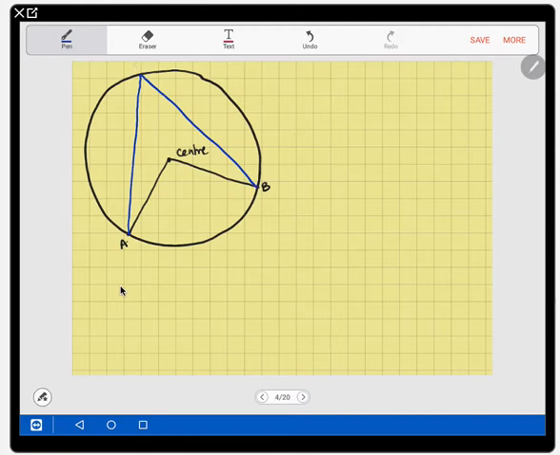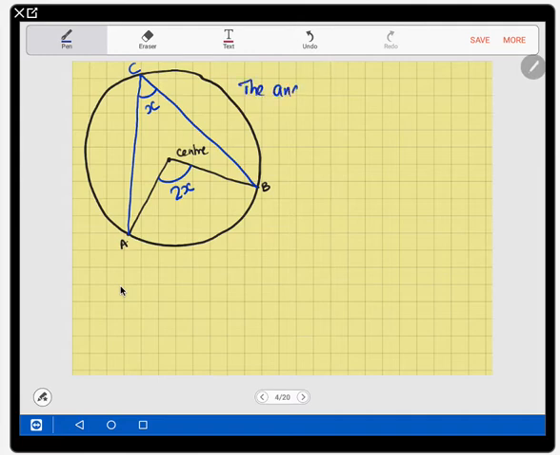Let me call this C. What we will find is that if this angle is X at the circumference, the angle at the center will be 2x. This is a theory. This is the rule.